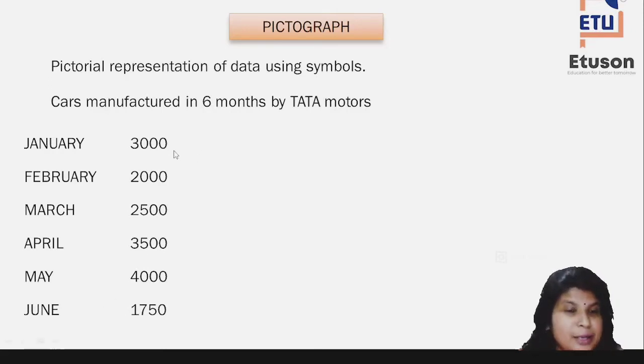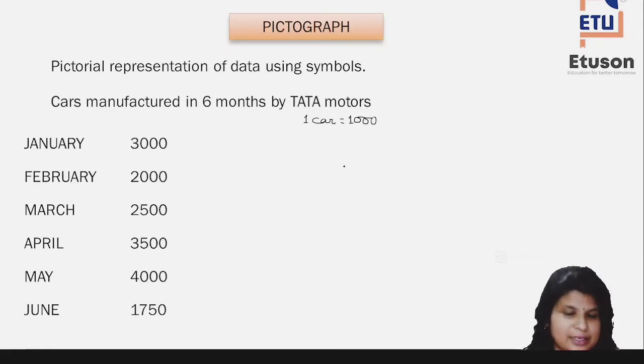What are the numbers of cars manufactured? 3000, 2000, 2500, 3500, 4000, 1750. Now here, suppose the symbol I will use is a car. One car I will assume is 1000. So this is the scale.